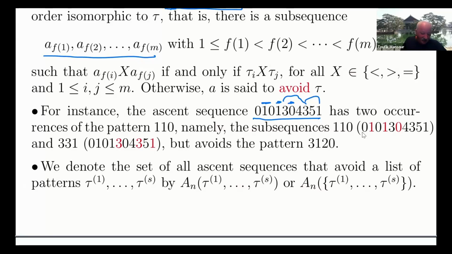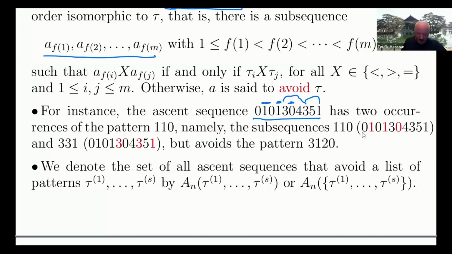It's like 1 equals 1, and 1 is greater than 0. But it avoids 3, 1, 2, 0, because I cannot find 4 letters as a subsequence of this ascent sequence such that the greatest one is at the beginning, with the same order as 3, 1, 2, 0. So I call it avoiding.